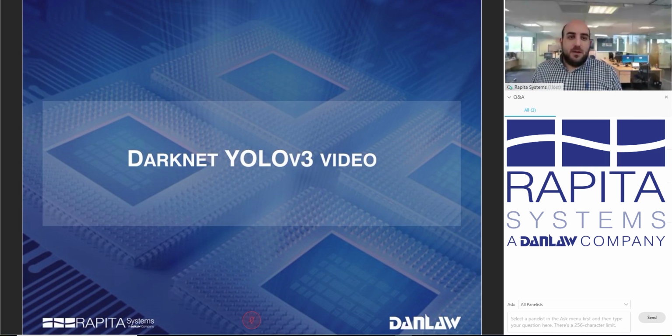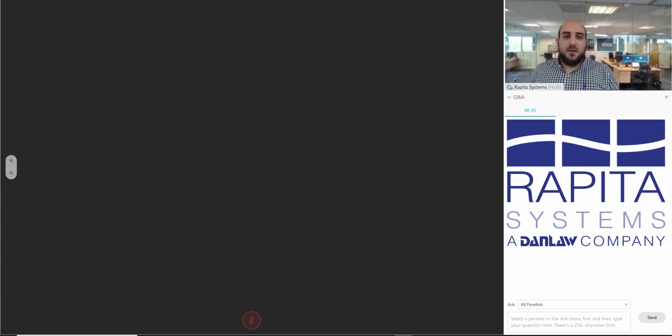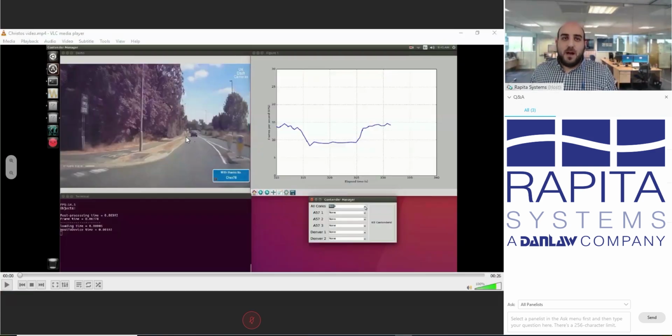So the application that we run on the actual target board looks like this. On one side of the screen, we have the output from the application, which is outputting the results from executing the object detection.